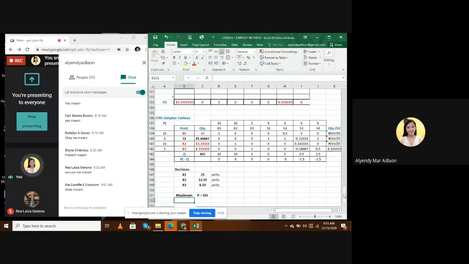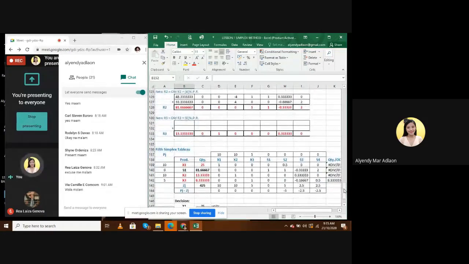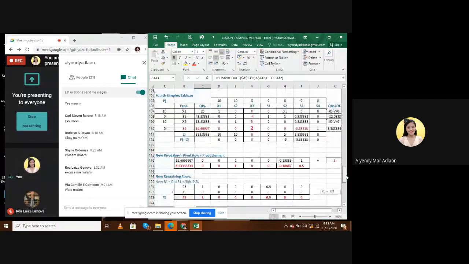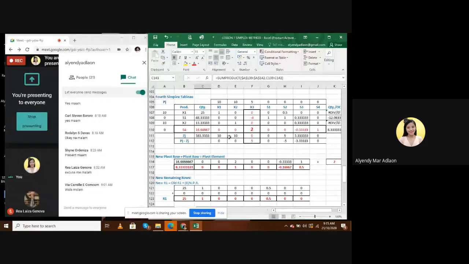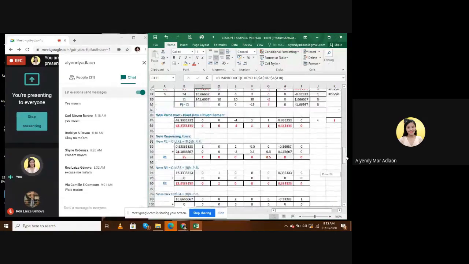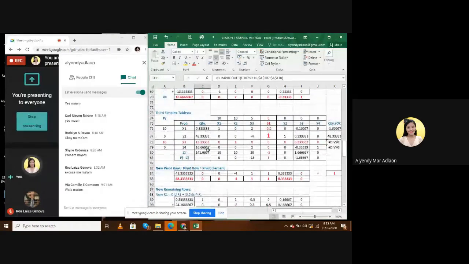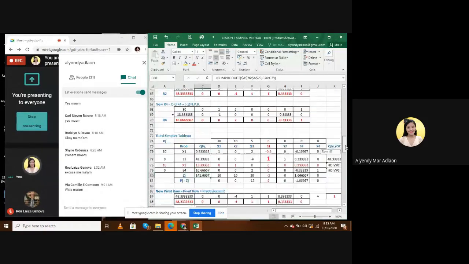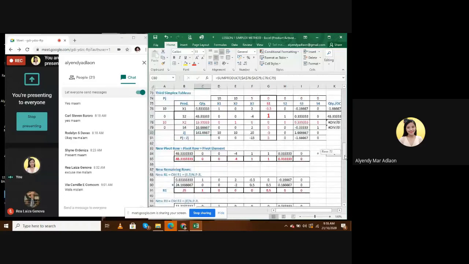Now, as you can see, sa mga previous table, di ba, 425 ang nakuha na to dire. Sa fourth table, or fourth tableau, 383 ra, no? 383. Sa third tableau, 141 ra ang profit, no? Second, and so on, mas gamay ang profit.